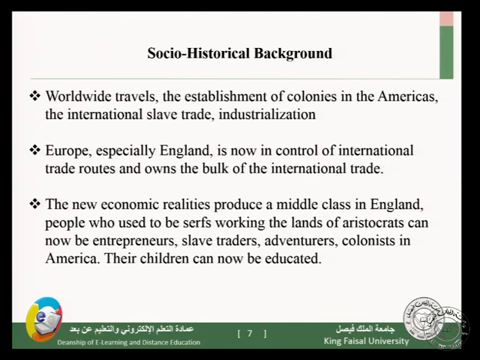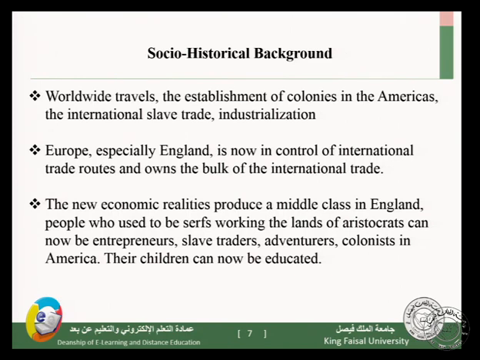Of course, this happens because this is a time in the 16th and 17th century. It's a time of worldwide travels. Europeans are exploring the planet in every direction. They establish colonies in the Americas and the Caribbean. And of course, we have the international slave trade, which was the biggest trade on earth.